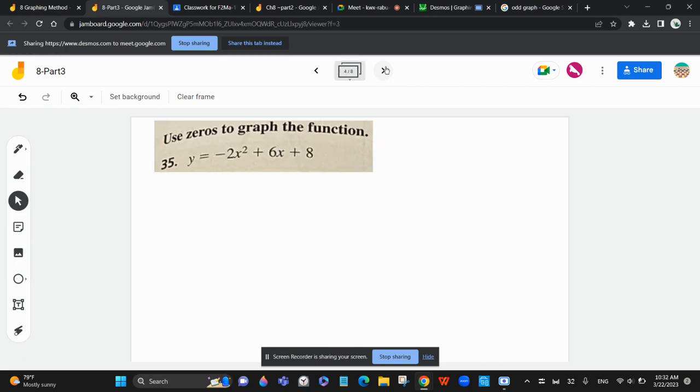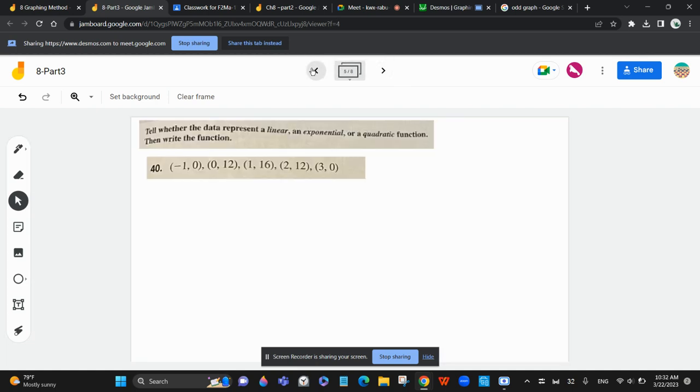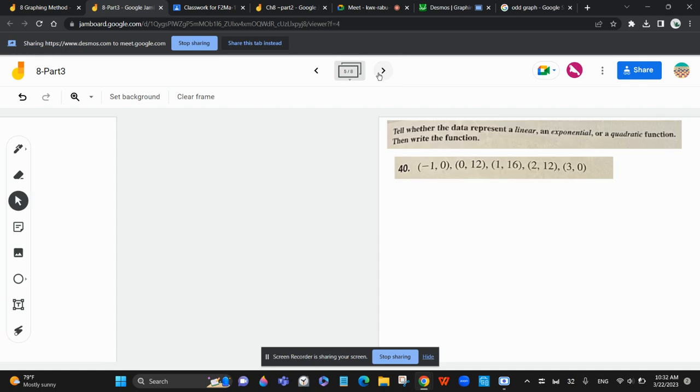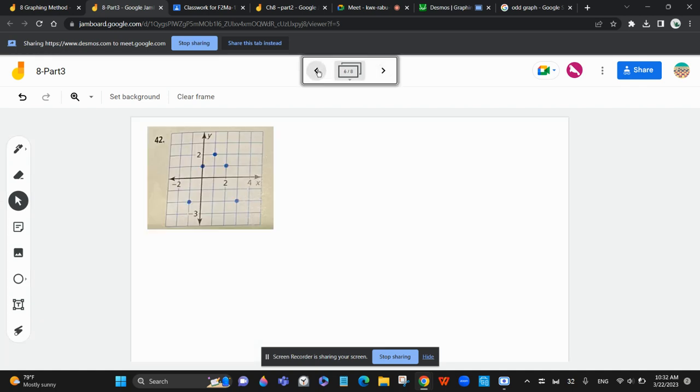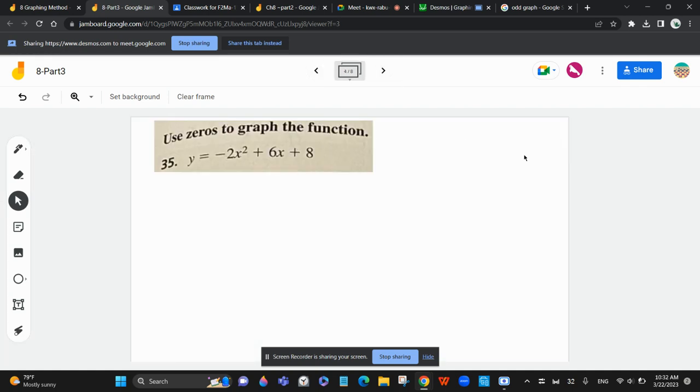Okay, and then the next one is like you need to use the zeros to graph the function.